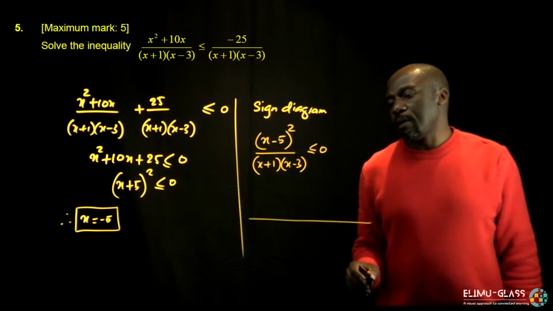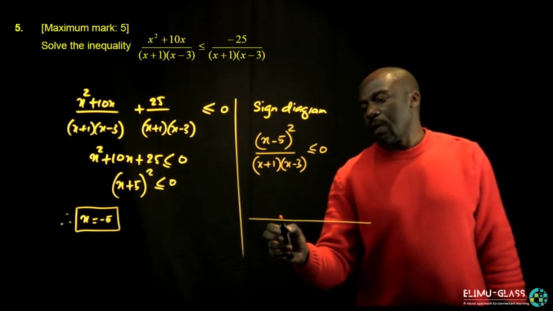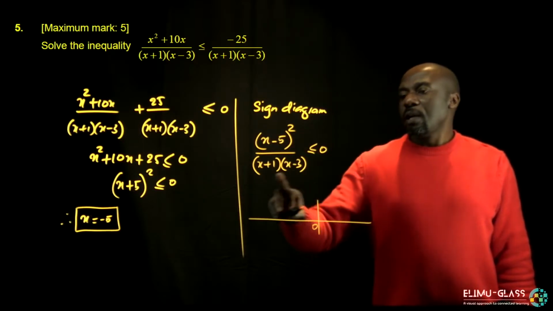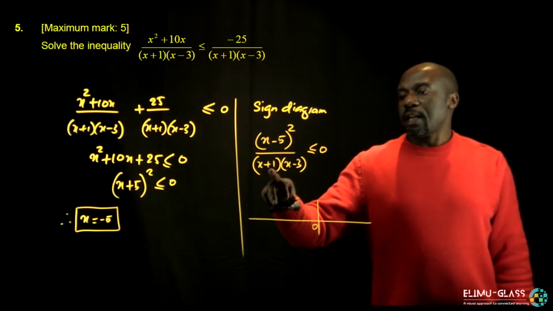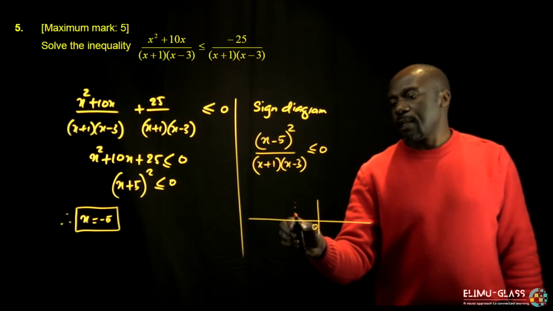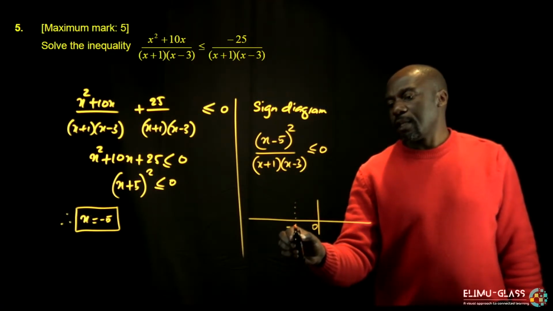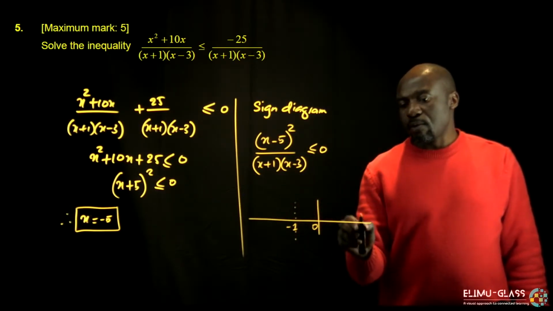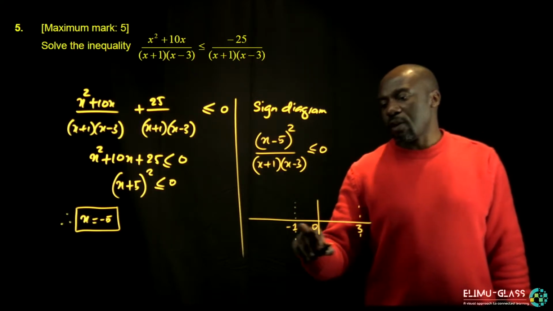On the sign diagram, we want to know at 0 what's going on, but we have asymptotes at -1 and +3, so we draw dotted lines at -1 to remind us of where the asymptote is, and another one at 3. We want to know what's going on in here.